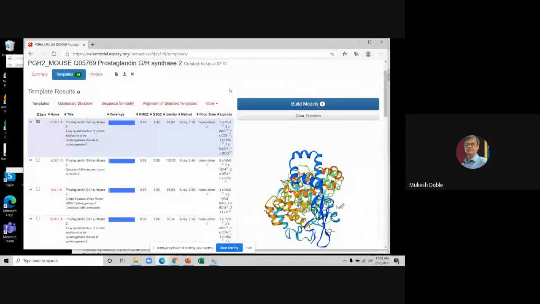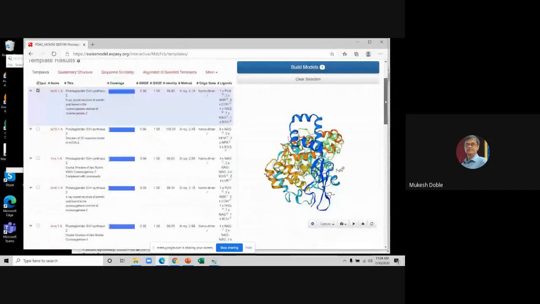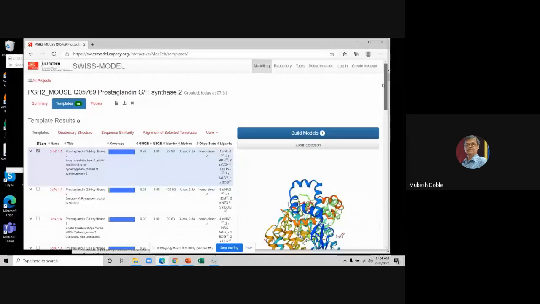It gives you a lot of information, as you can see here. It gives you various template protein structures, and then the title, and the sequence identity in this column.